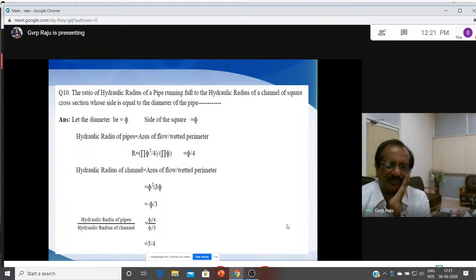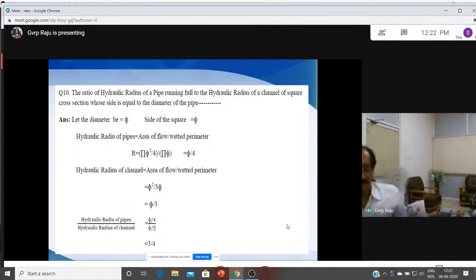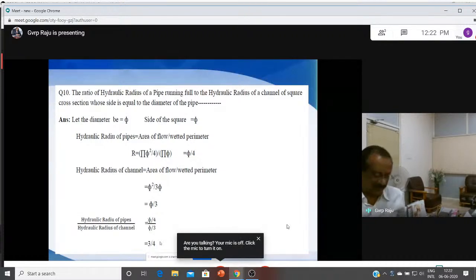For the channel, once again the channel is different here. The area is 5 square, and the wetted perimeter is 3 times 5 because it is a channel, not 4 here. If it is 4, then that is a different aspect. So this is 5 by 3, and the hydraulic radius of the pipe by the hydraulic radius of the channel is 5 by 4 divided by 5 by 3, which is 3 by 4. If both were 5 by 4, the answer would be 1. Not like that, this is a typical question, 3 by 4.